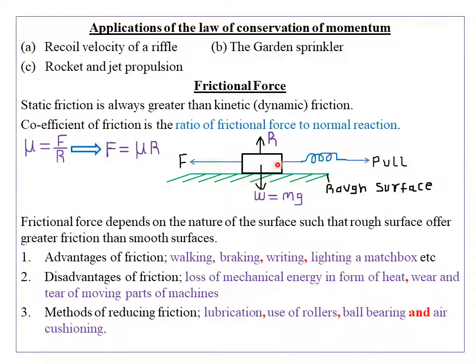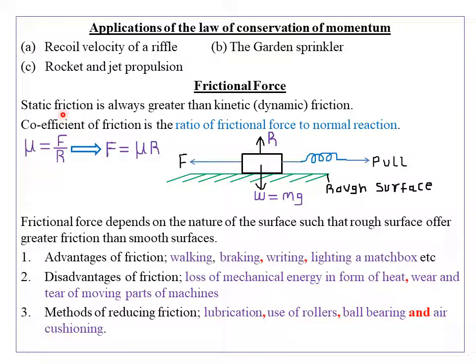For example, assuming this particular block here was stationary, or at rest, or not moving, then the frictional force between the surface of this block and the surface of my rough surface here, which is in green, the frictional force that will exist between these two surfaces which are in contact but stationary, we call that static friction.